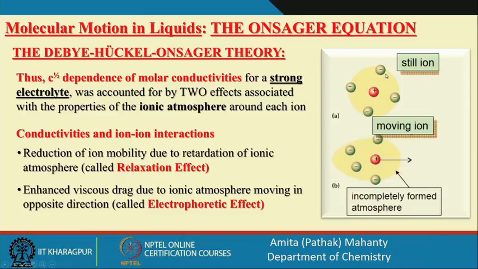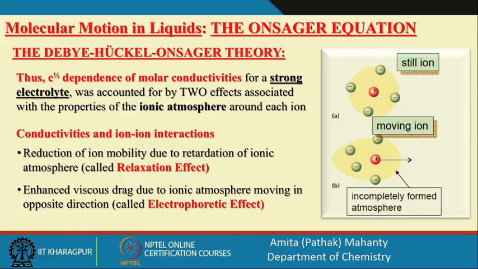And we see that the molar conductivity at infinite dilution is less than 1. That means the molar conductivity depends not on C, but on the square root of C, which is what we are trying to understand.